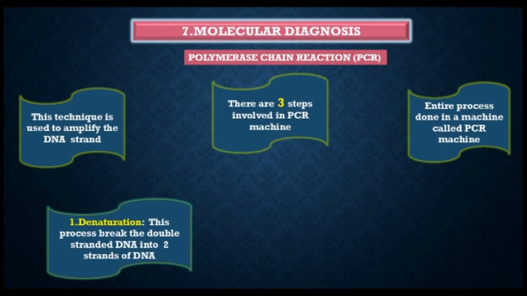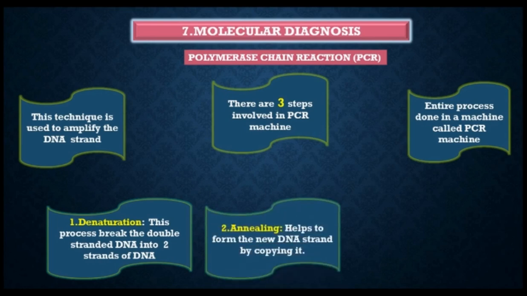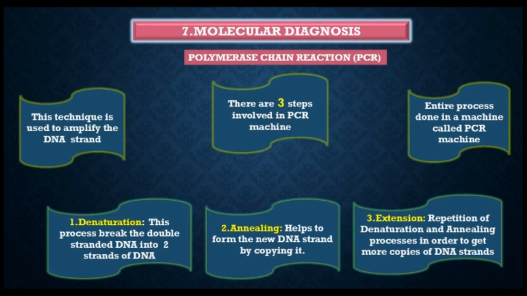This process breaks the double-stranded DNA into 2 strands of DNA. The second process is called annealing. It helps to form the new DNA strand by copying it. The third is extension, and the repetition of these steps gives more copies of DNA strands.